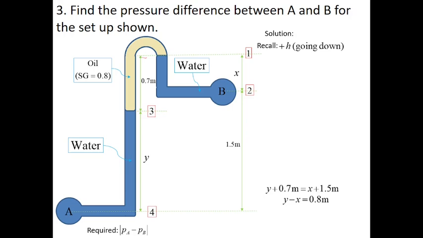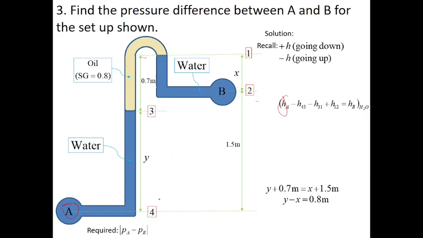Solution. Recall, plus h going up, minus h going down. So this is our equation. We start with an endpoint. We can begin at the bottom, then go up. So we can start here with HA, the pressure head at A, in terms of water.